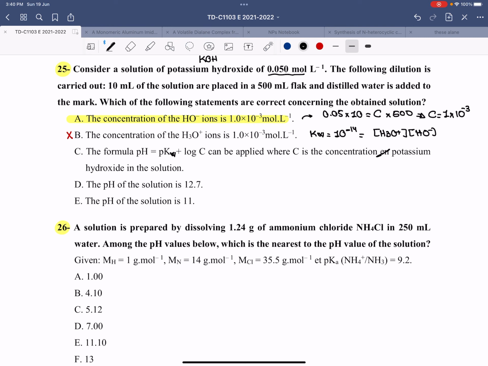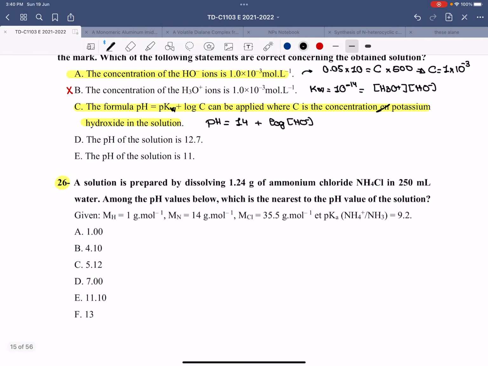When they say in the solution, meaning in the final, diluted solution, then yes, because the pH can be calculated from 14 plus log HO minus, on the condition that HO minus is the new concentration. Remember that. So this is also correct. If they wrote the initial concentration before dilution, no, you cannot, because they don't take into consideration the dilution.